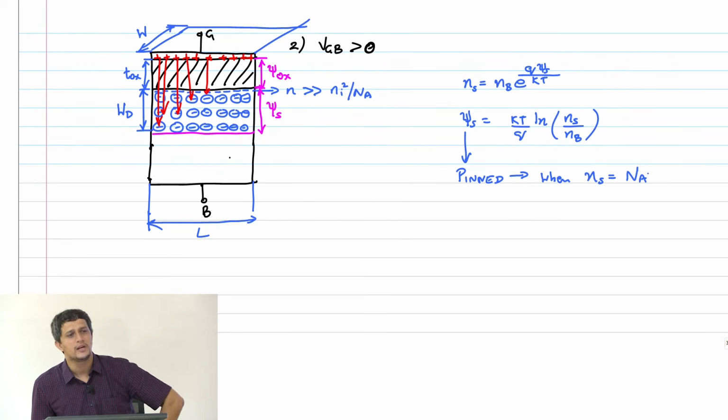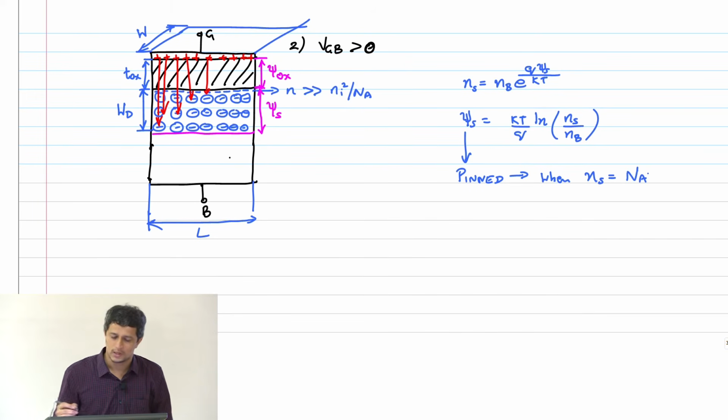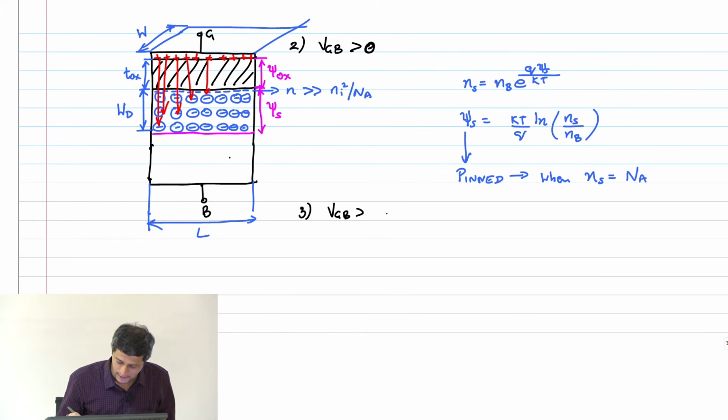So what does this mean? It basically means that I have made my surface as N-type as the bulk is P-type. So I have really reversed or inverted this surface region, and therefore this third region, when VGB is greater than some threshold potential, it enters the region of inversion.